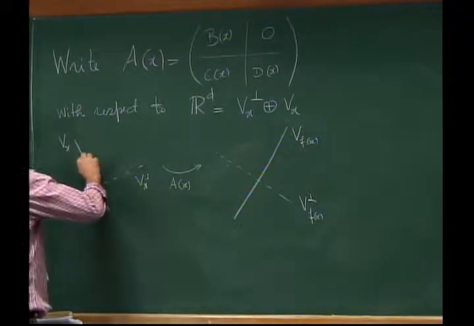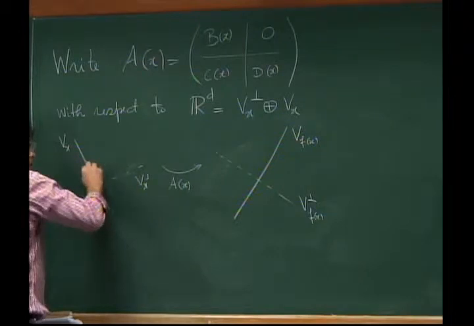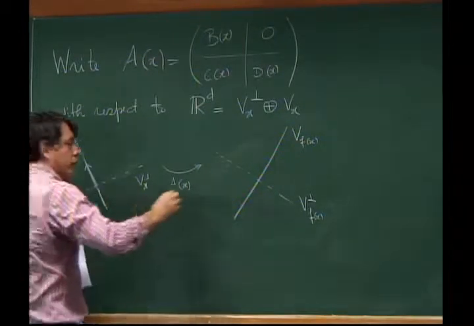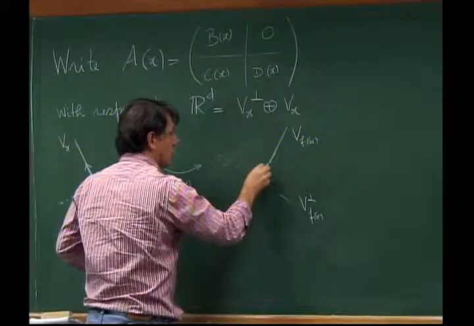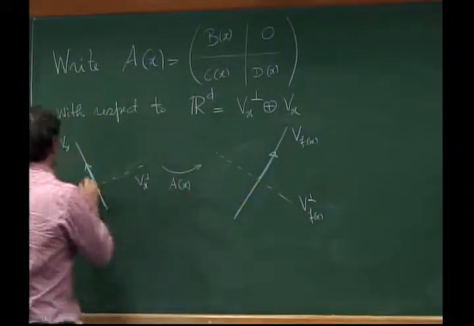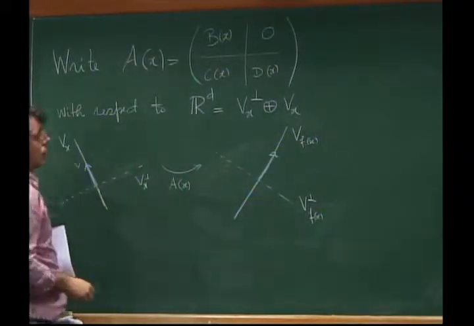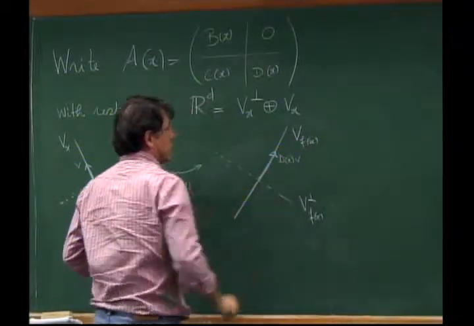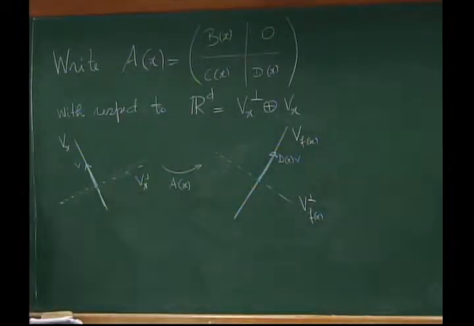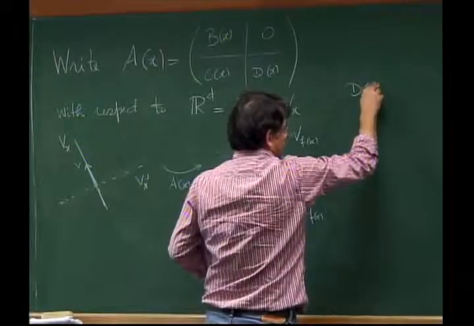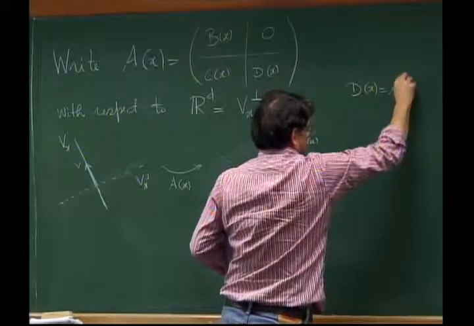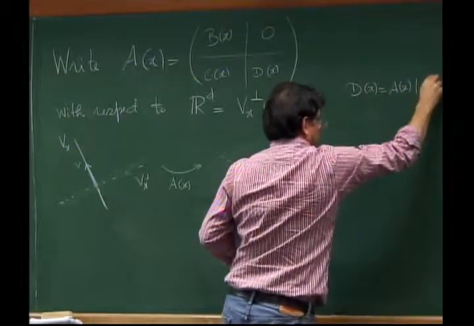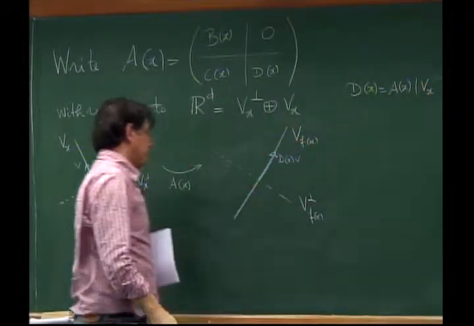If I take a vector here, blue vector, it is mapped here. And if this is v, then this is D x of v. That's the definition of D. D x is just the restriction of A x to Vx.